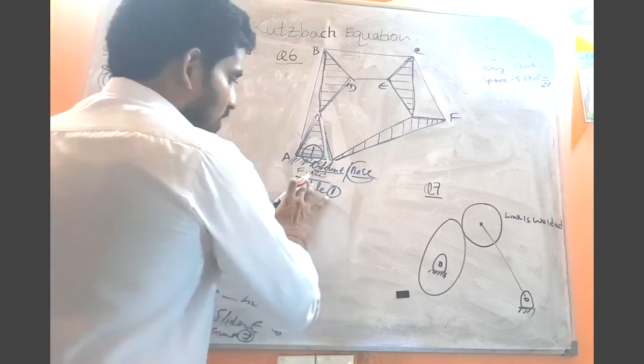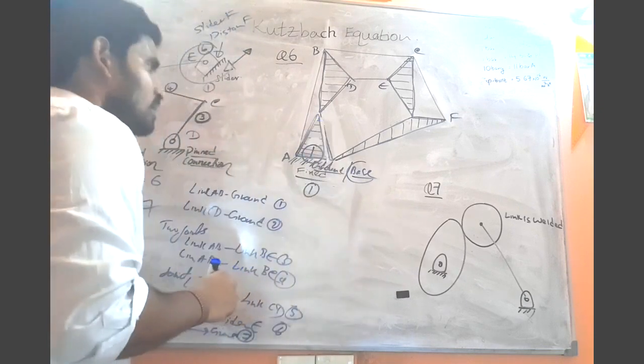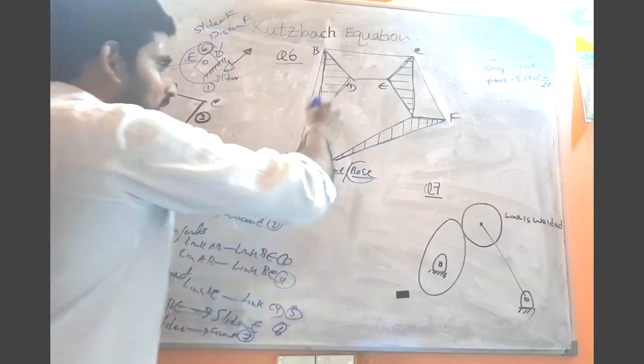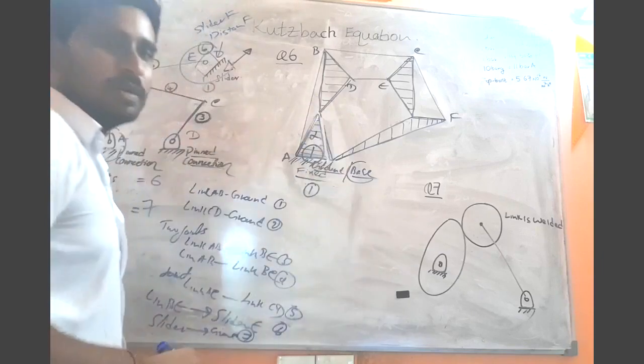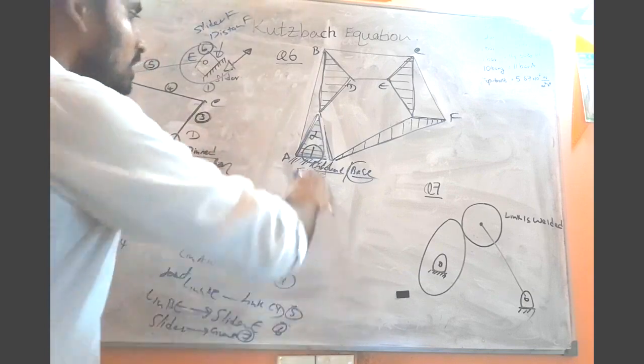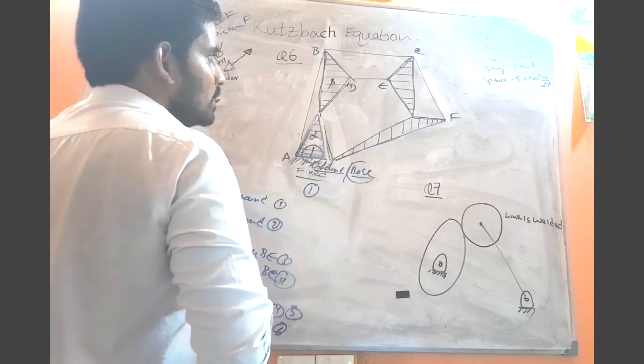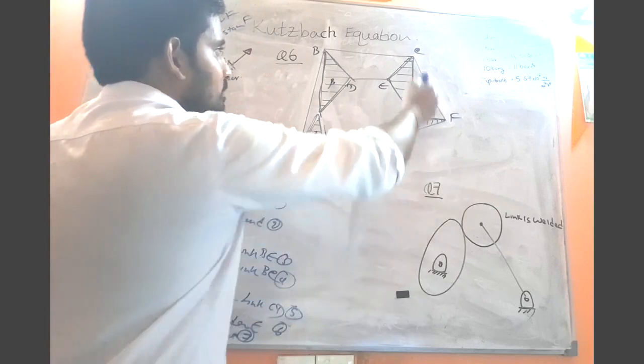So to this plate I will give a labeling alpha, plate alpha. That is better, because if I give numbers, you will get confused. Plate alpha, plate beta, plate delta, plate gamma.